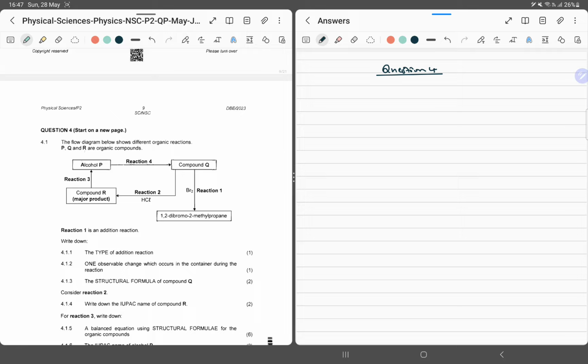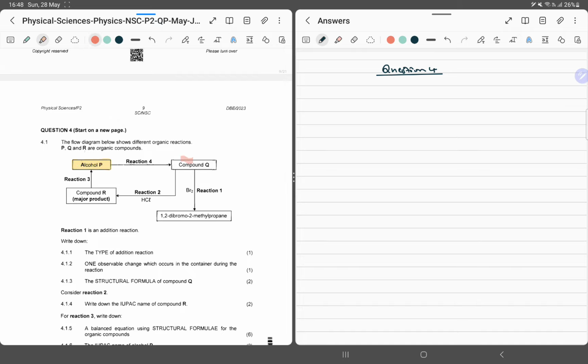So here we need to be smart about reaction conditions, but let's explore. Now, the flow diagram below shows different organic reactions. P, Q, and R are organic compounds, okay? So we can see here that we've got compound P here.